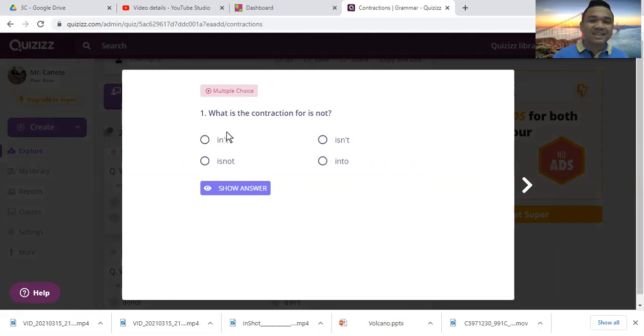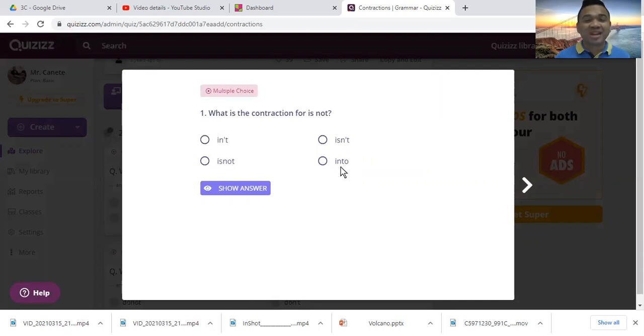Okay, so what is the contraction for is not? Again, what is the contraction for is not? Letter A, is it int? B, is not? C, isn't? Or D, into? Can you guess?